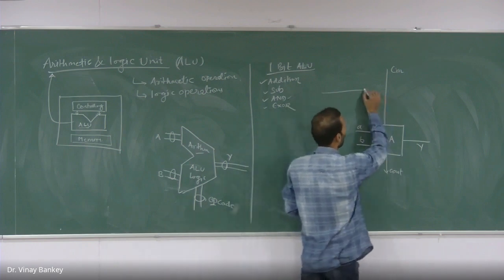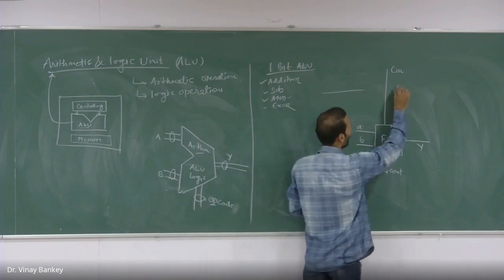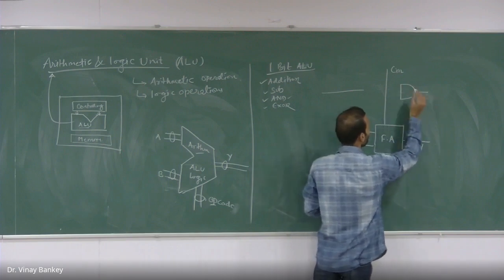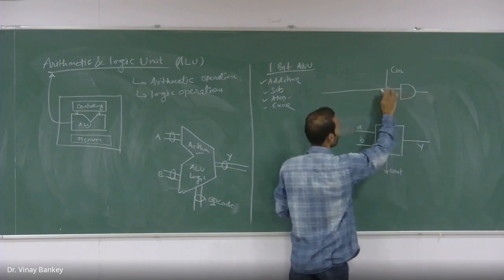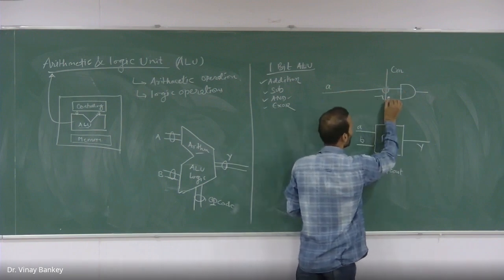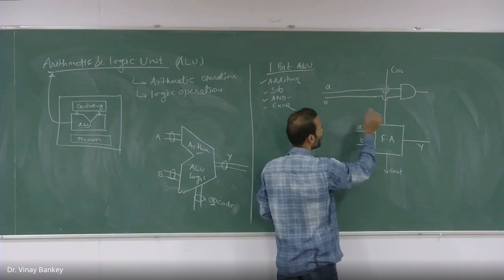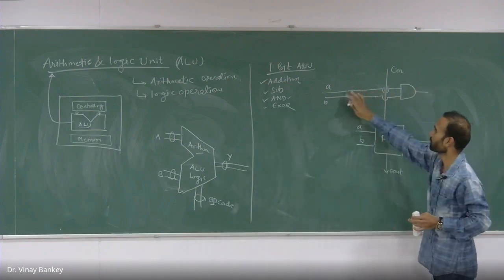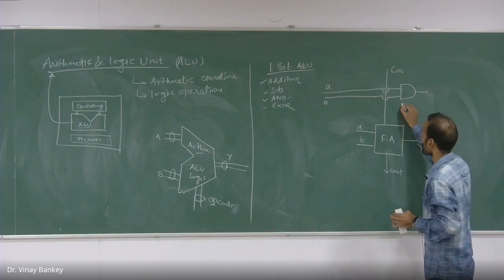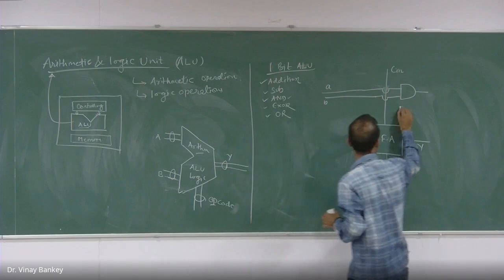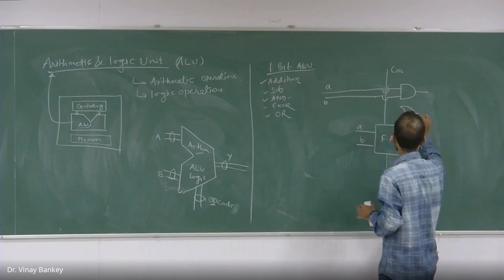The next is AND operation. For the AND operation, I need one AND gate here. So now A, and this is my B. The output of this AND gate will result in the AND operation between A and B. I also want OR operation here, so I can have one OR gate.